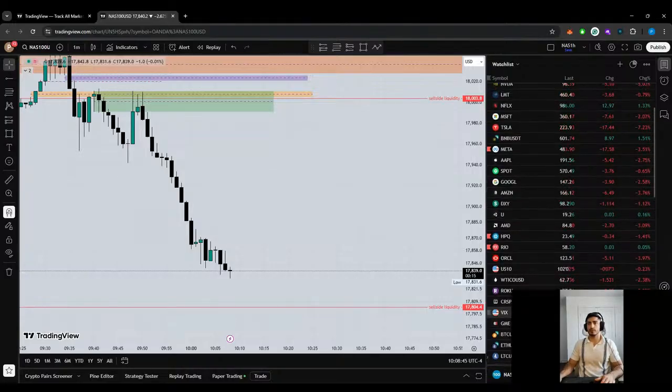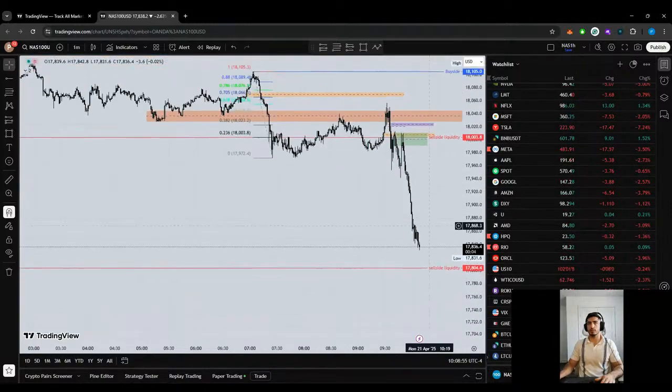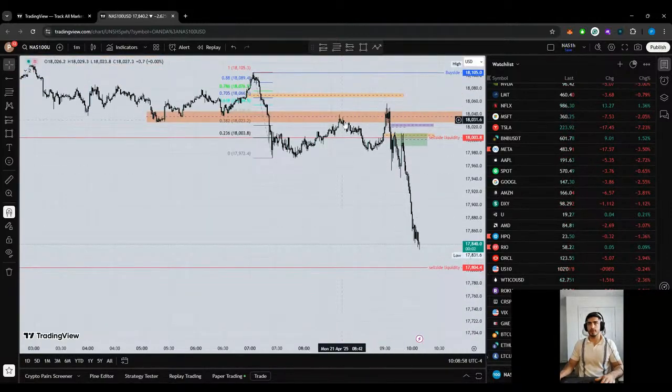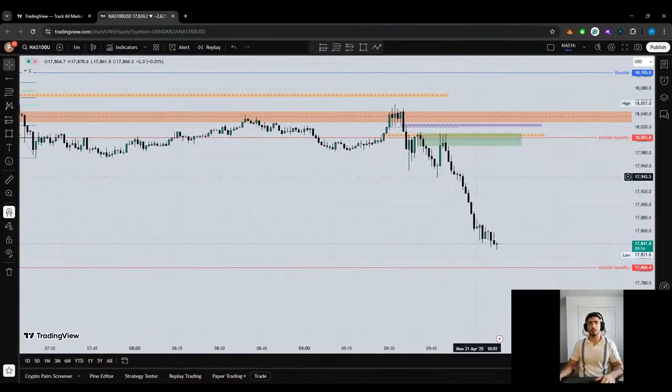VIX is up 12%. Not much more than this morning, and market's going down way more than this morning. So we might be seeing some type of slowdown.